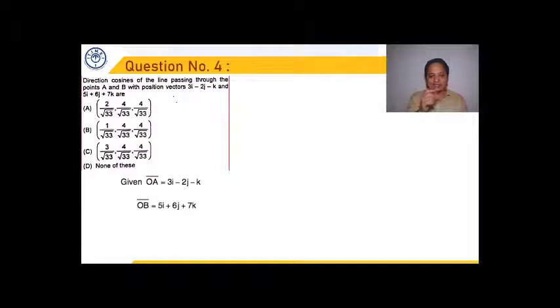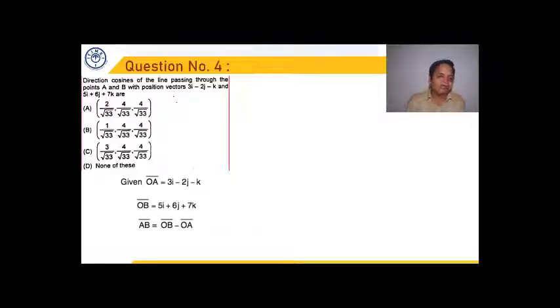Now we have to find the direction cosines of the line passing through both points A and B. If we find the vector AB, this is the position vector of B minus the position vector of A.